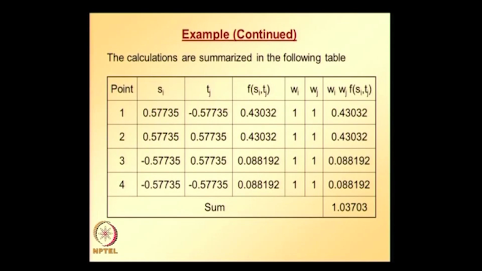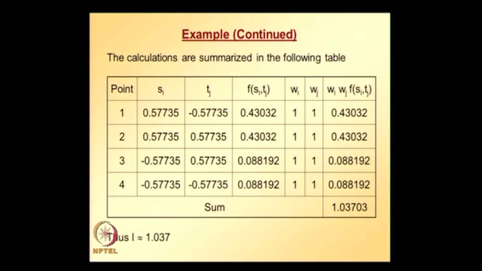Similarly for points 2, 3, 4, all the details are provided in the table, and the estimate of the integral is the sum of all the values corresponding to points 1, 2, 3, 4 in the last column. If we sum up, we get the integral estimate, which turns out to be 1.03703.